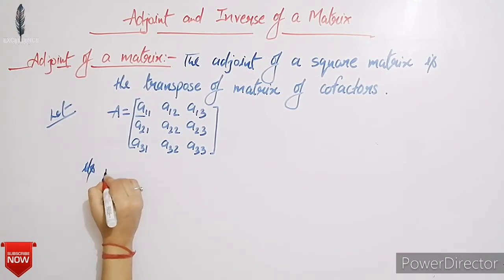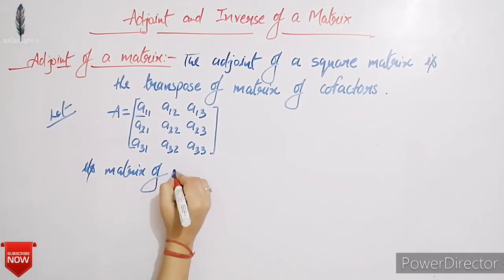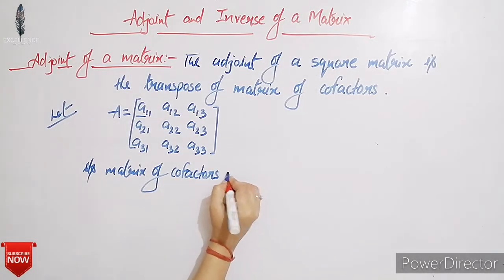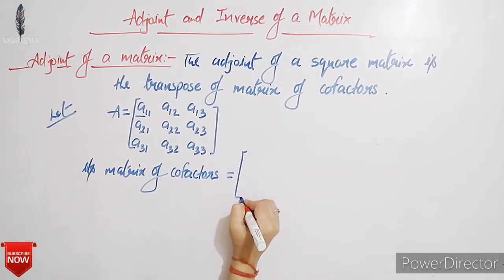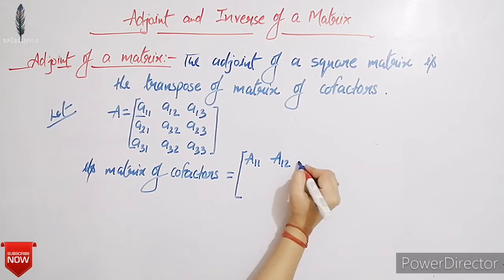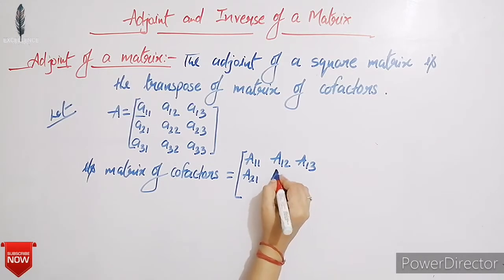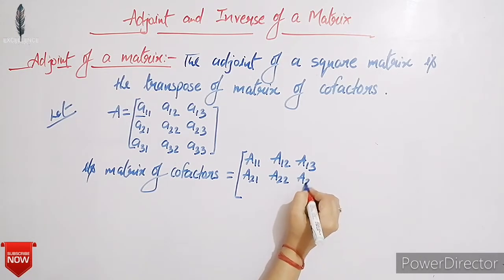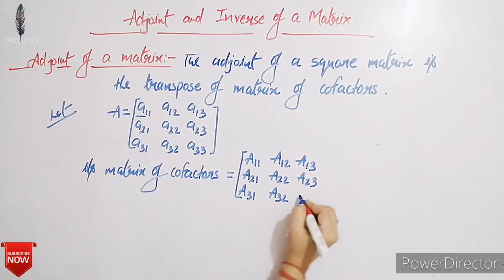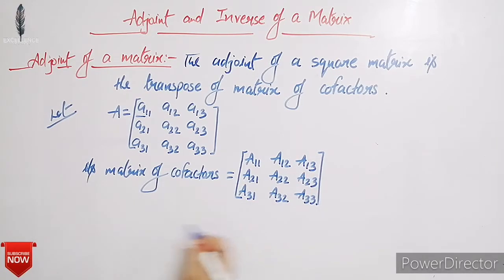So its matrix of cofactors is equal to capital A11, A12, A13, A21, A22, A23, A31, A32, A33. These are the cofactors.